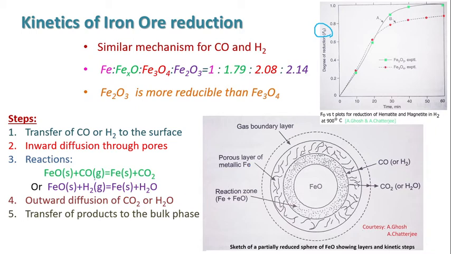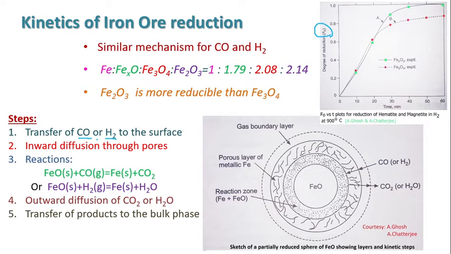The first step is transfer of reactant gases across the gas boundary to the solid surface. Which gas? That may be carbon monoxide or H2 as per the reduction. If we go for carbothermal reduction, then it will be carbon monoxide. If we are talking about hydrogen, then it will be hydrogen. It's transfer to the solid surface. Solid surface means the FeO.